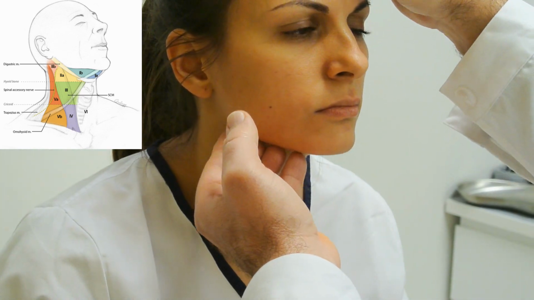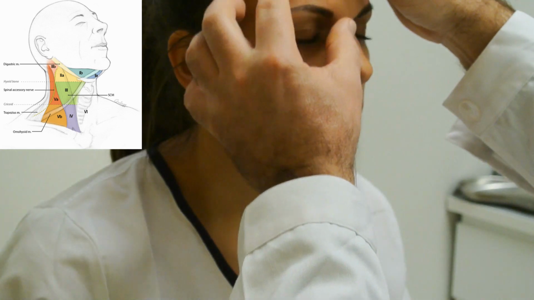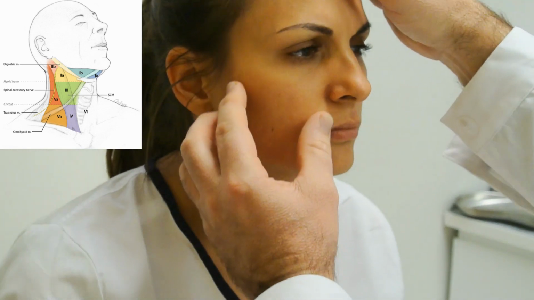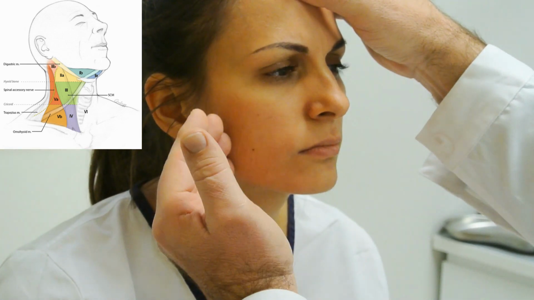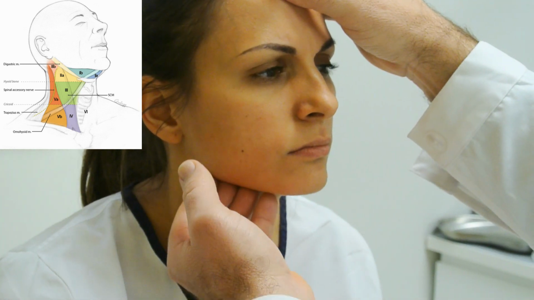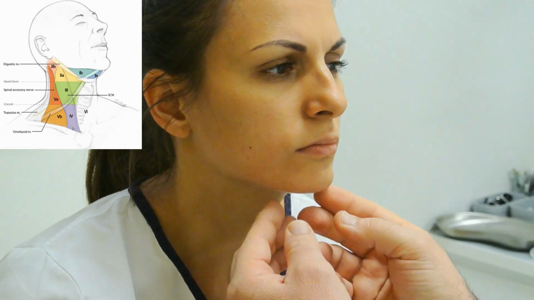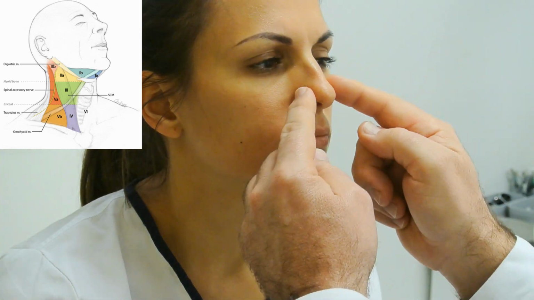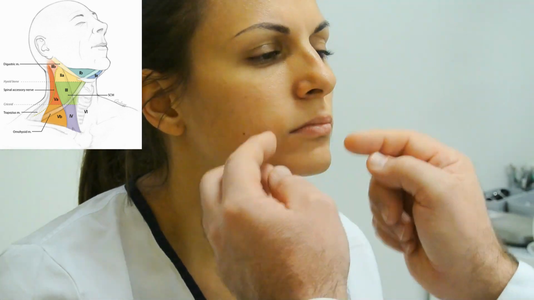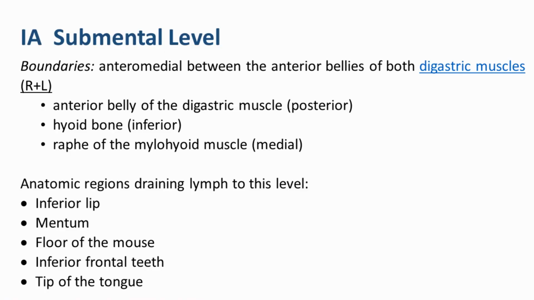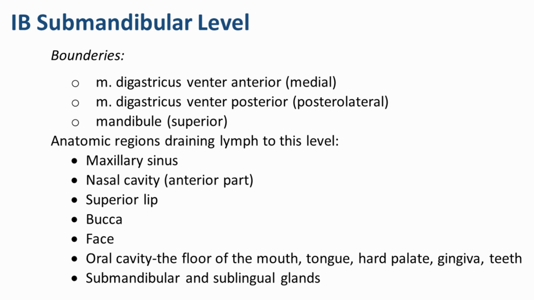The submandibular region collects its lymphatic drainage from the facial skin, the eyes, buccal area, cheek, the submandibular glands, teeth, gingiva, whereas the submental region collects its lymphatic drainage from the anterior part of the nose, upper and lower lips, mentum, teeth, floor of the mouth in the front, and inferior surface of the tongue, and also the tip of the tongue. They form level 1B and 1A together.